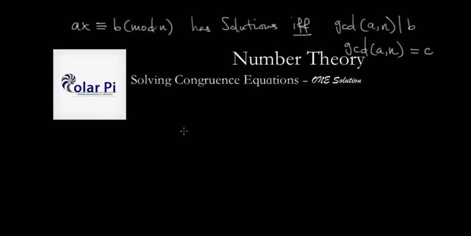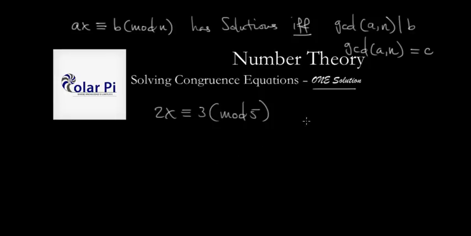Okay, cool. So the one solution case is if the GCD of A and N is equal to 1. That is, if A and N are relatively prime. So let's give an example. If we want to solve 2x is congruent to, let's say, 3 mod 5, then we know that this has only one solution.